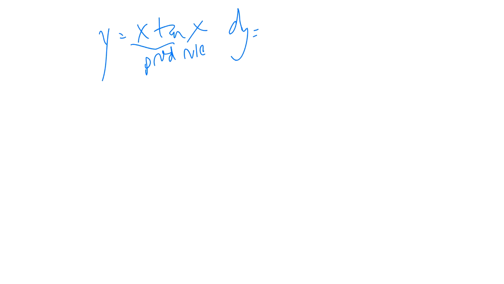You can no longer do that when you're doing differentials, because you need dy here and then dx is going to be on the other side of the equation. So you can't write the derivative as just y prime. We're going to have the first times the derivative of the second, which is secant squared, plus the second times the derivative of the first, which is 1. And you really need to put that whole thing in parentheses and then dx to have it be a proper form. Okay, so that's your answer to that one.